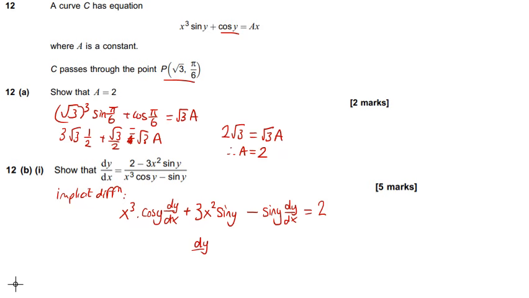So I'm going to group together the terms on the left hand side that involve the derivative. So that's x cubed cos y minus sine y. And I'll move the 3x squared term to the other side. And then all I need to do is just divide that bracket across and I get the answer I'm looking for. So actually quite an easy 5 marks there, I would think.